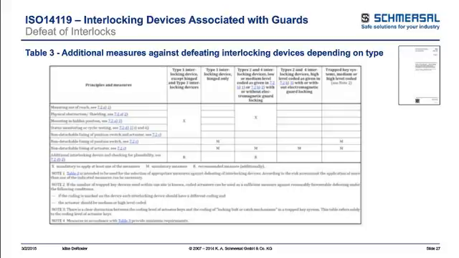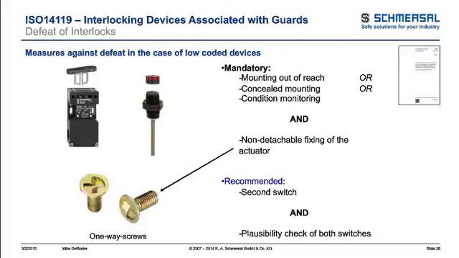When you look at the Type 2 device with a separate key, what's mandatory is selecting either mounting out of reach, concealed mounting or conditional monitoring, and using non-detachable fixings on the actuator. The recommendation is to put a second switch as well as doing plausibility checks on both switches.